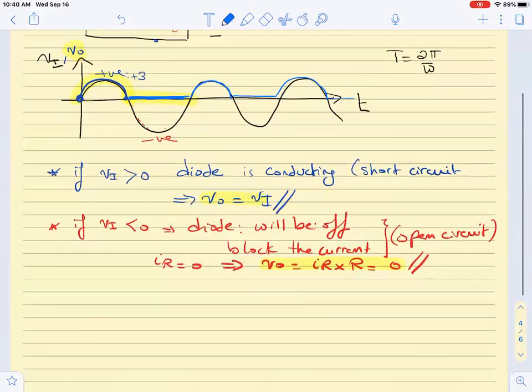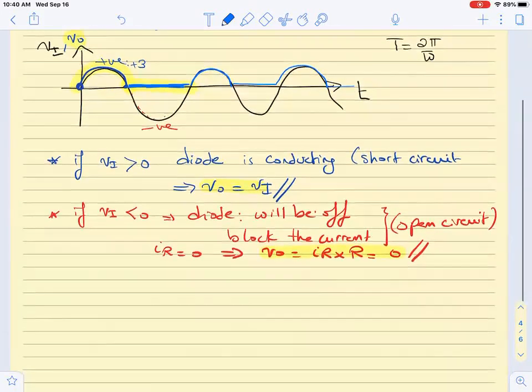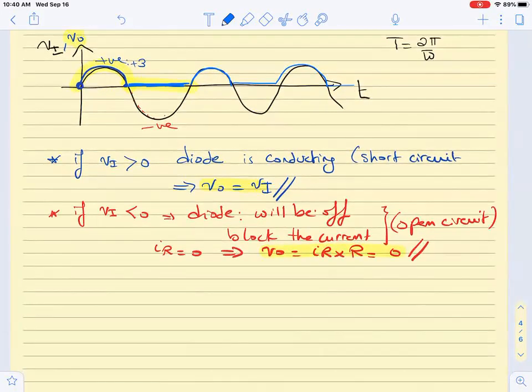Let us see what is the average for the output. So the first thing that we are going to solve for is the average value of VO of T. We call it rectified because it started to have an average.